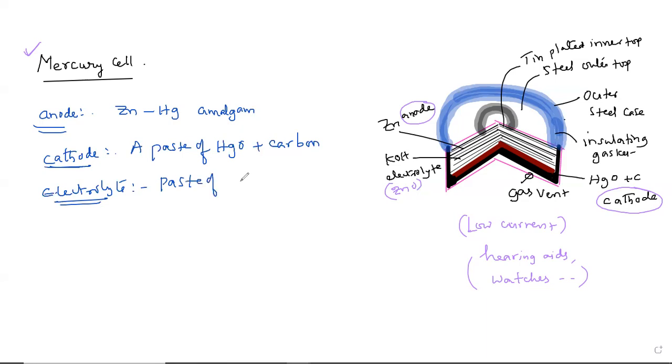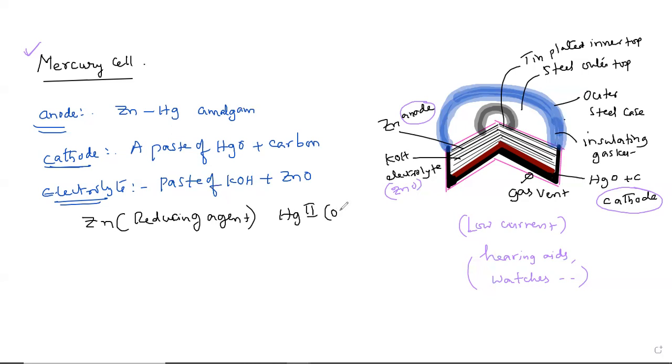Now moving on to the character of zinc: zinc is the reducing agent, and mercury is the oxidizing agent, with mercury in the +2 state.